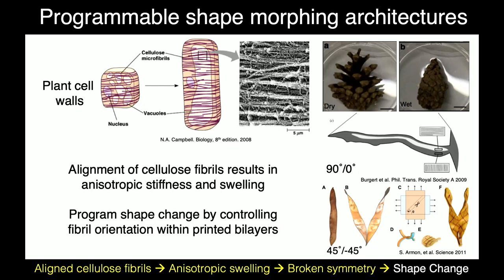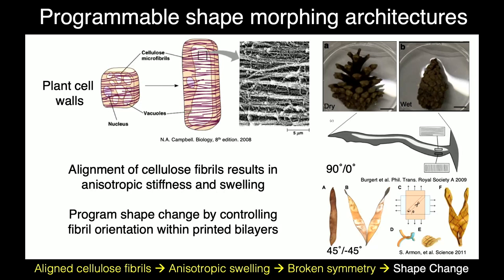So what else can you do with these oriented building blocks? Well, we can use the shear, as I said, to emulate the kinds of architectures that we find in plants. So if we look at plant cell walls, they have these cellulose fibrils that are oriented along specific directions. And because they're stiffer along that axis, the long axis of the fibers, relative to the orthogonal direction, this allows for the nastic motion of plants.